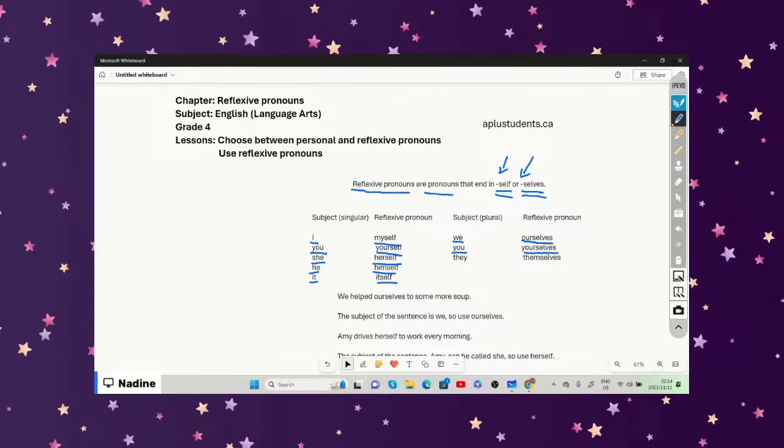You can be singular, which refers to one person, or you can refer to more than one person, and that is yourselves. And then they, which refers to themselves. So that is both the singular subjects with their reflexive pronouns, as well as the plural subjects and their reflexive pronouns.